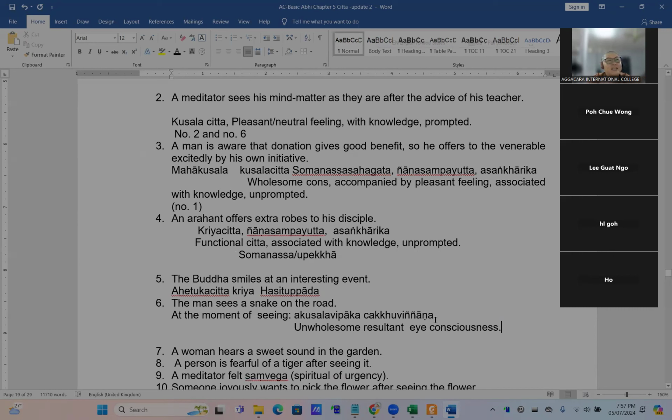Sometimes a snake climbs over the fence wall. It traveled on the tree, because the tree was over on the other side. So the snake was very clever. But anyway, it's akusala vipaka.